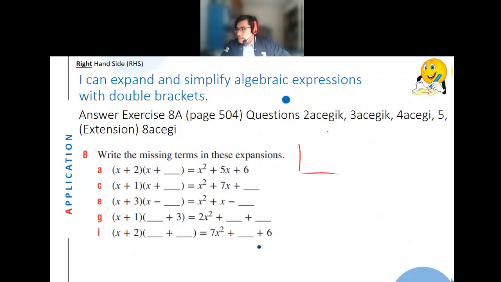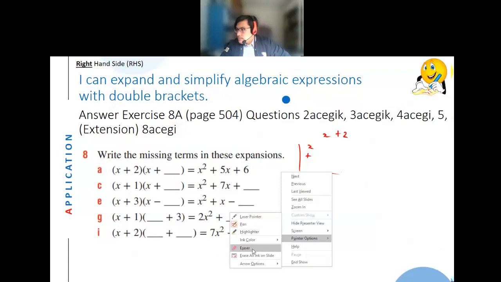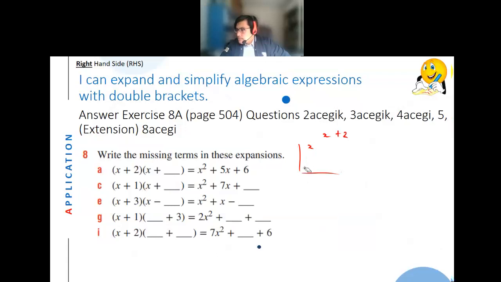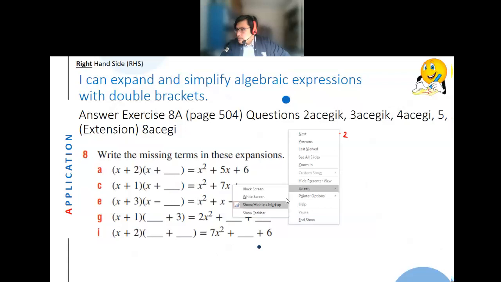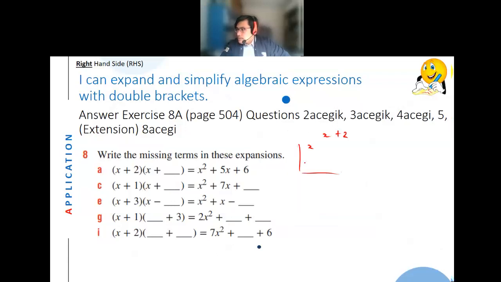So we have x plus 2, and then we've got x plus something.